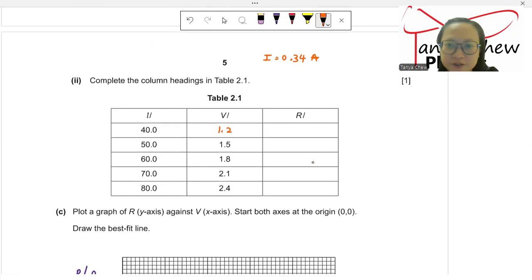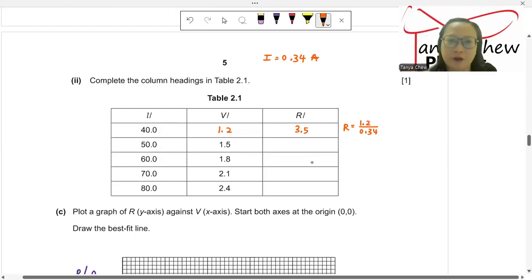Now, for the first R, I am going to calculate using V over I, 1.2 divided by 0.34, and I got 3.5. I put R in two significant figures. Why? Because the readings of I and V are both recorded in two significant figures.